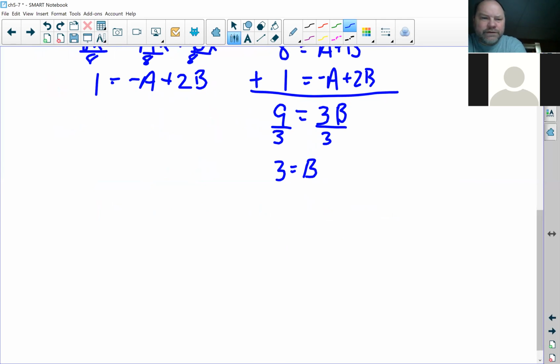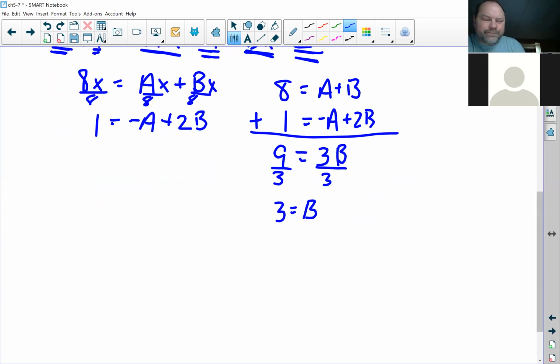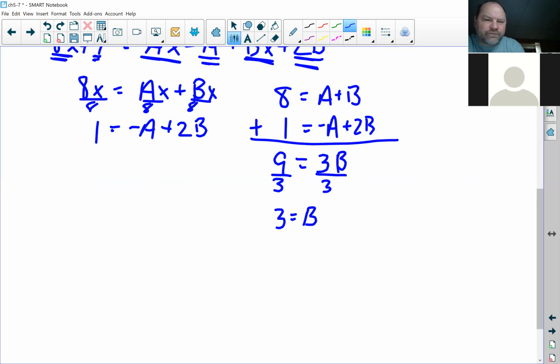Using my system, I can solve for a by plugging into either equation. It might be easiest to plug into the first one.